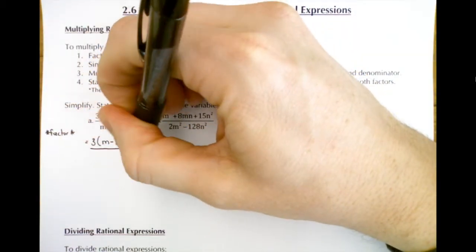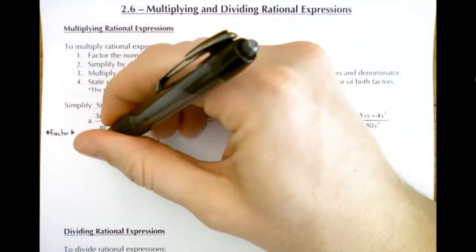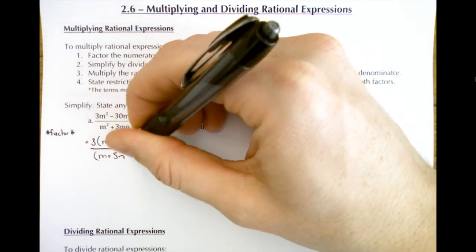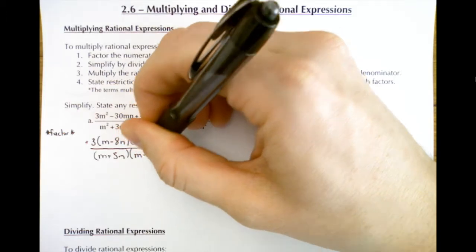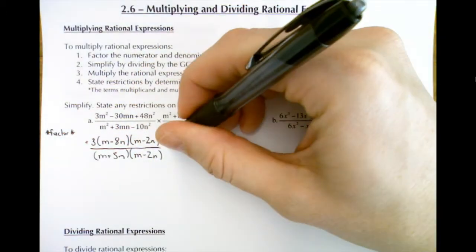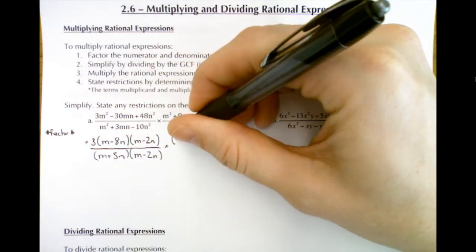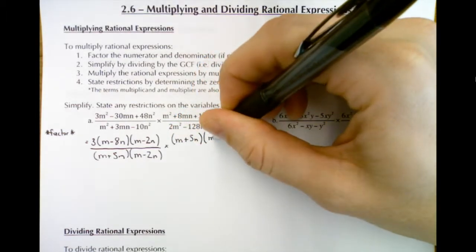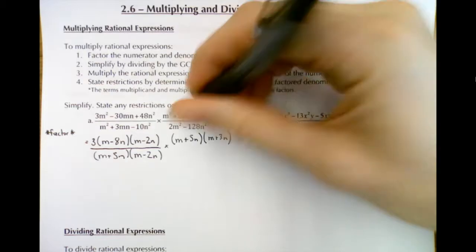In the denominator, if I factor it, I end up with factors of m plus 5n and m minus 2n. In the other fraction, in the numerator, I end up with m plus 5n, m plus 3n.